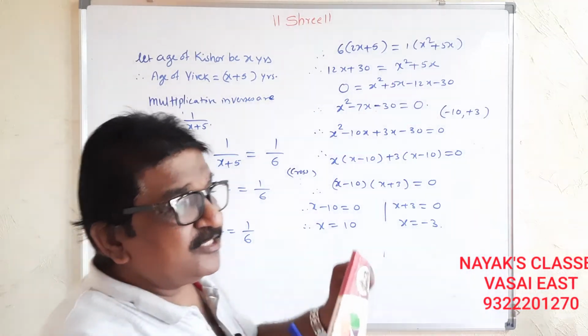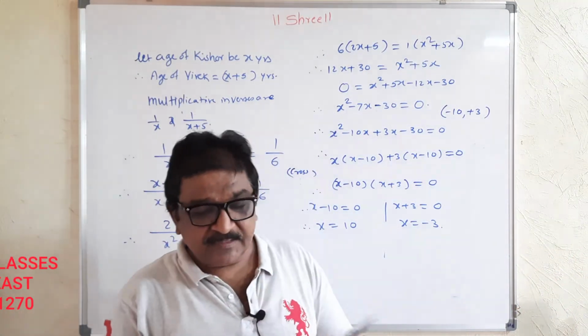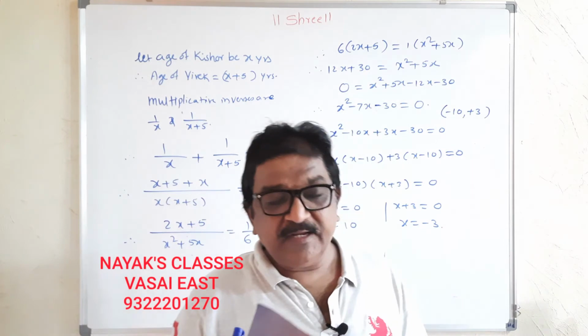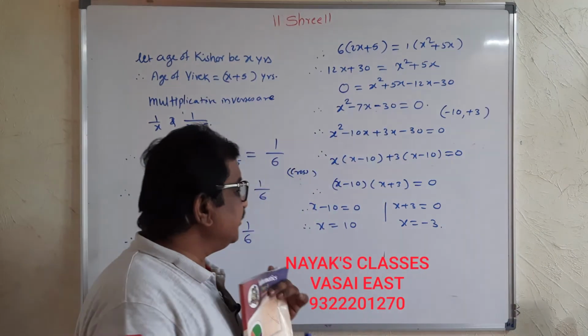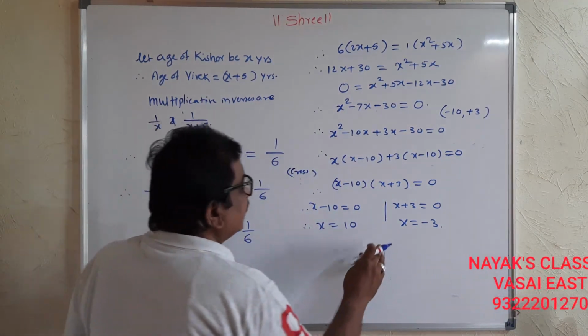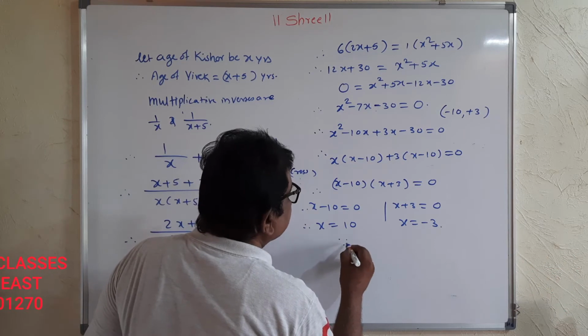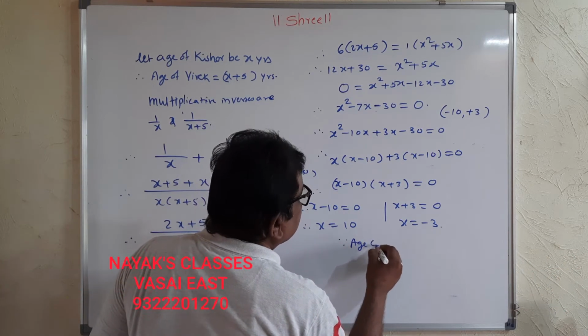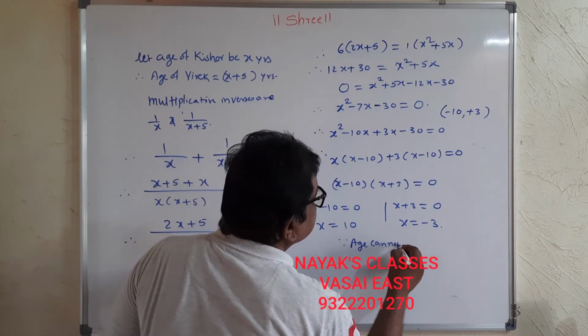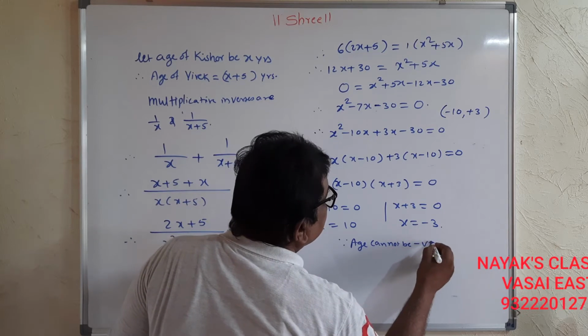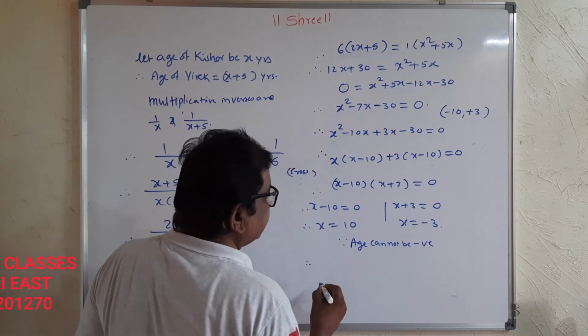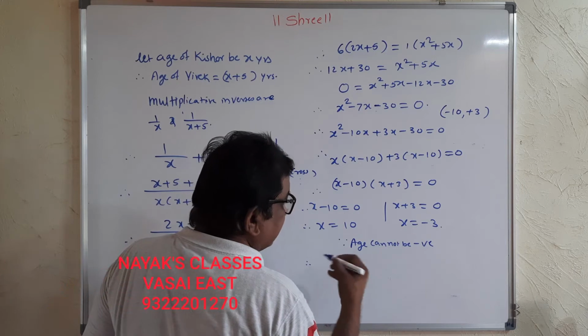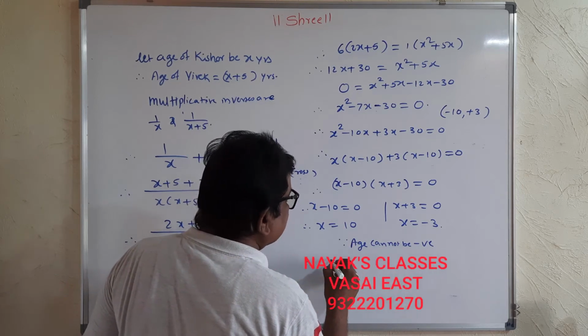So, age cannot be negative. You can write there, since age cannot be negative, therefore, accepting x is equal to 10.